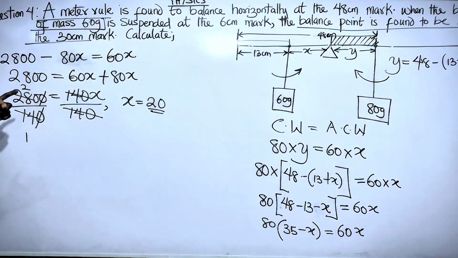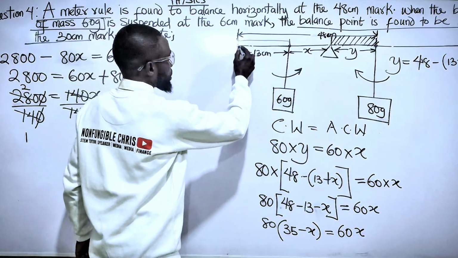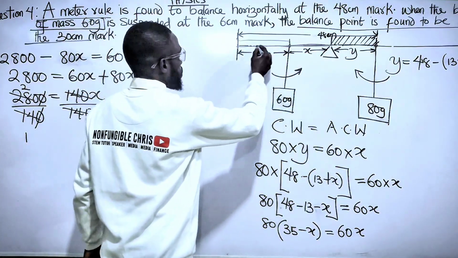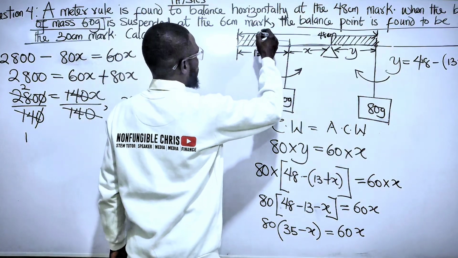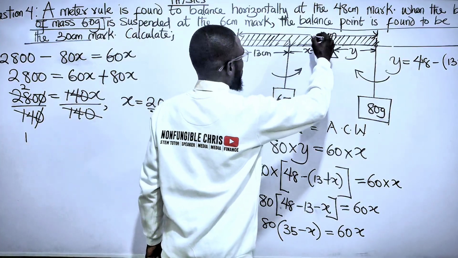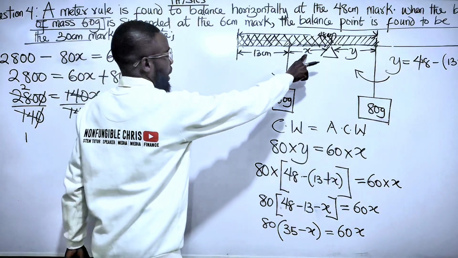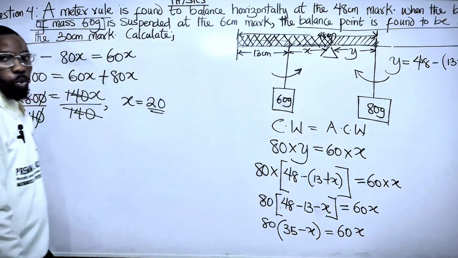We can now find the distance, right? We're looking for the distance of here to here because we don't know it. We're looking for this distance now, from here down to this point. We don't know it. So since we've gotten our x as 20, adding it to 13, what do we have?